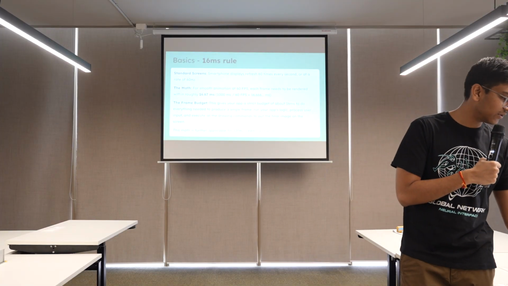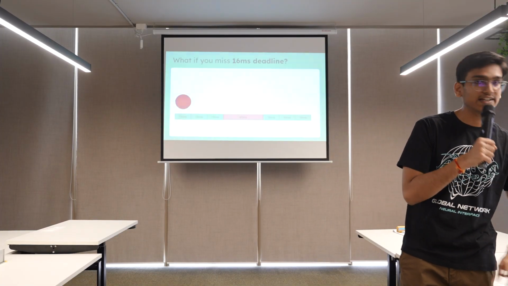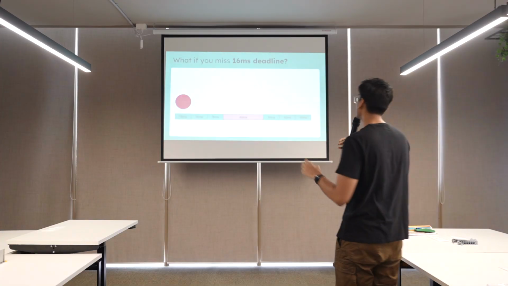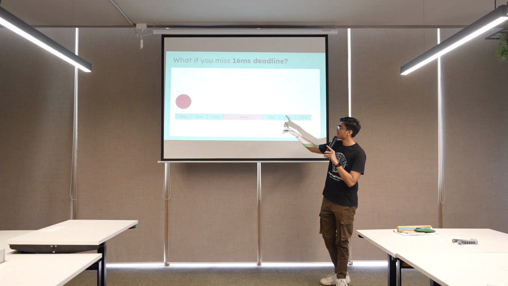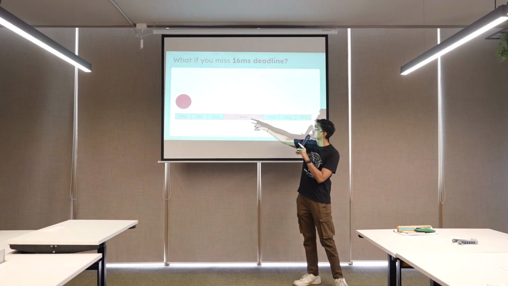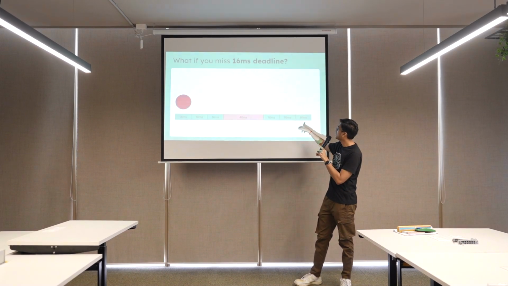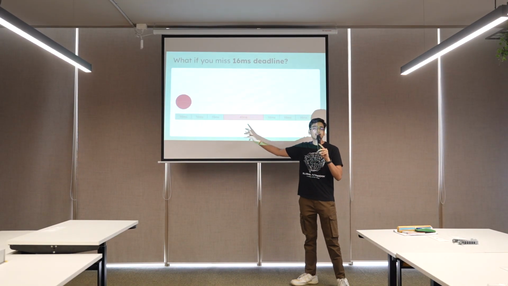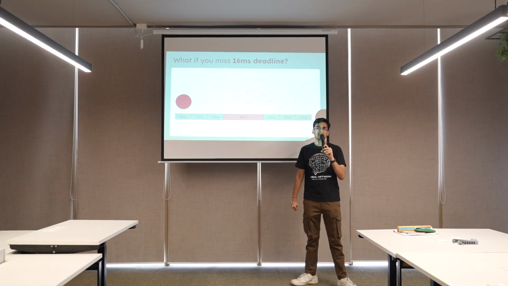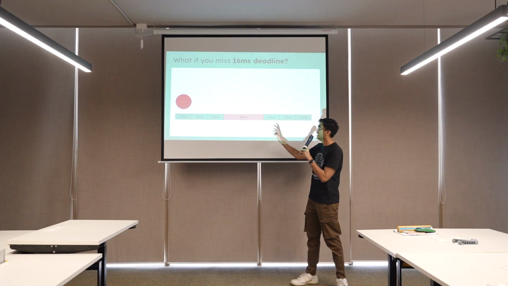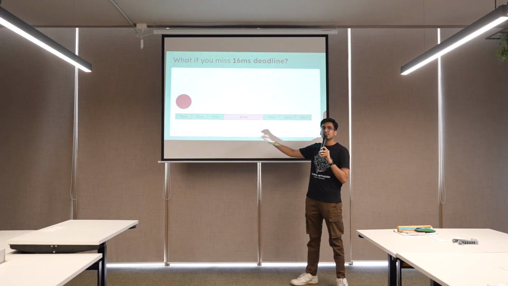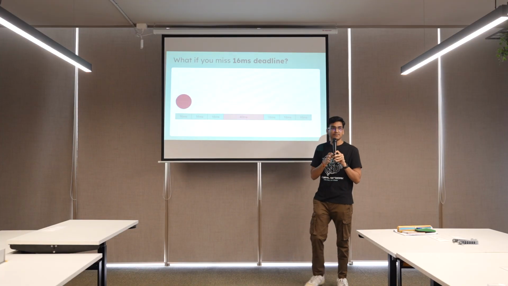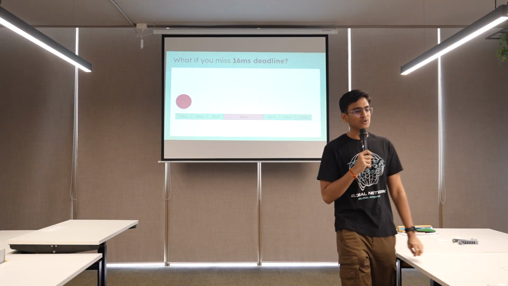So if we just talk about the 16 milliseconds rule, let's say this is a simple animation. Okay, these are the frames. Let's say this is one frame, this is one frame, this is one frame, this is also one frame, and in between, let's say our app was doing something on the main thread, and that's why that frame was not able to complete in 16 milliseconds, but took 40 milliseconds. So how would this animation look?